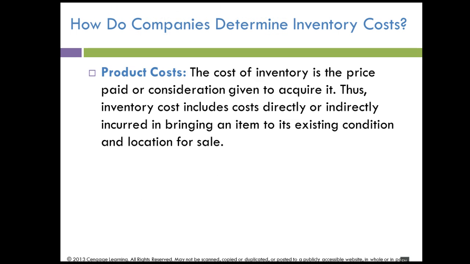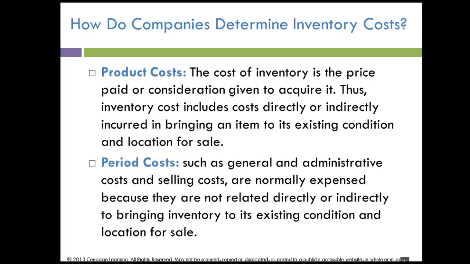Product costs are what is transferred for consideration. So inventory costs are going to include what we purchased those products for and any other cost to get them in a condition that's available for sale. Period costs are generally costs as it relates to running the company.